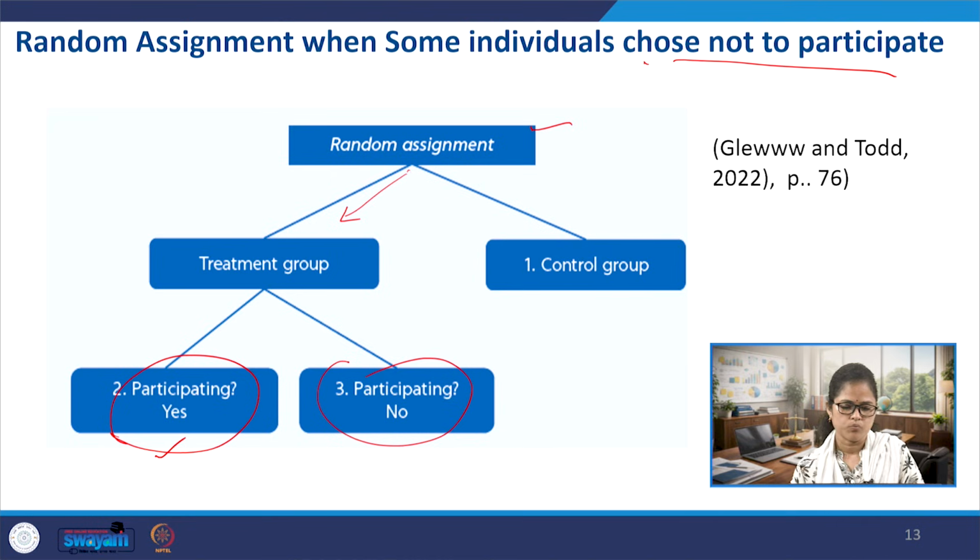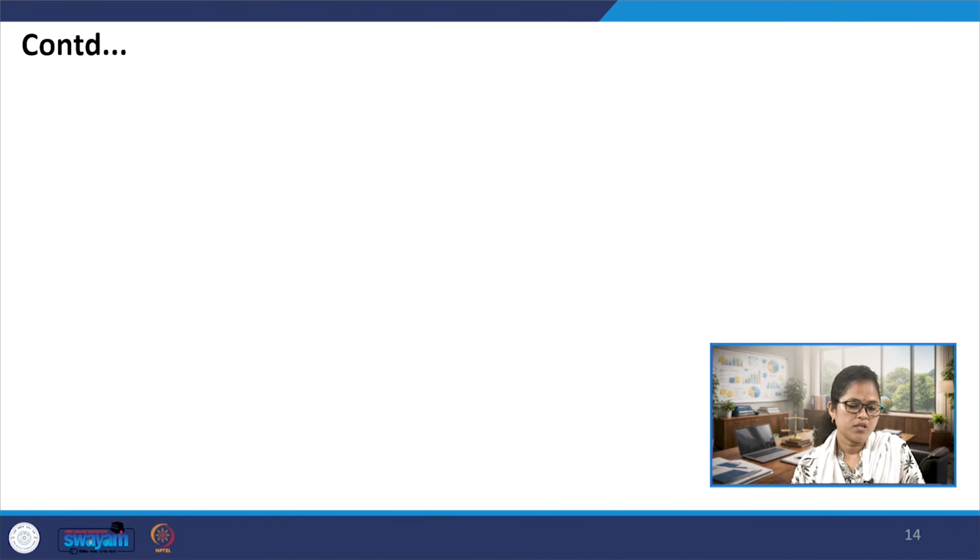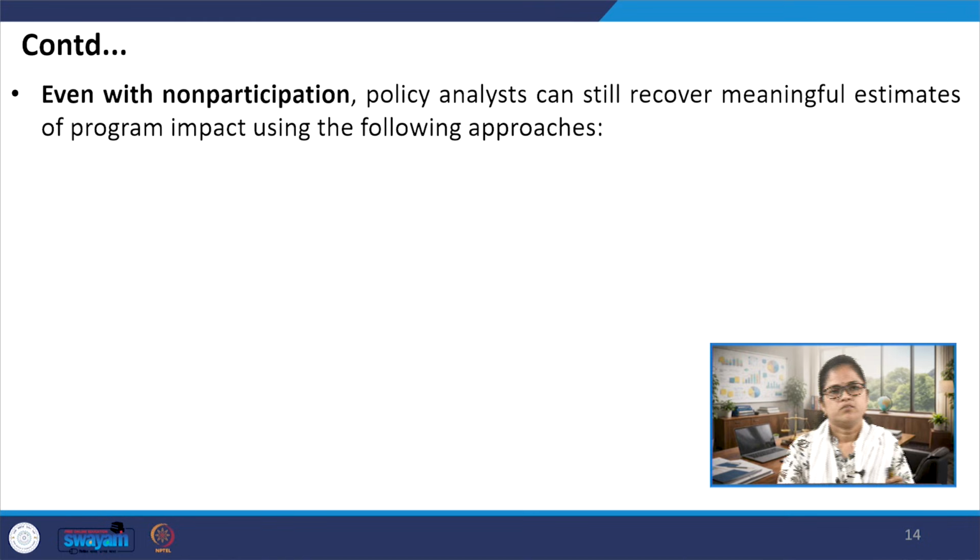So how can the randomization process help us in policy evaluation? Even when we find non-participation, the policy analyst can still recover very meaningful estimates of the program impact using some approaches.